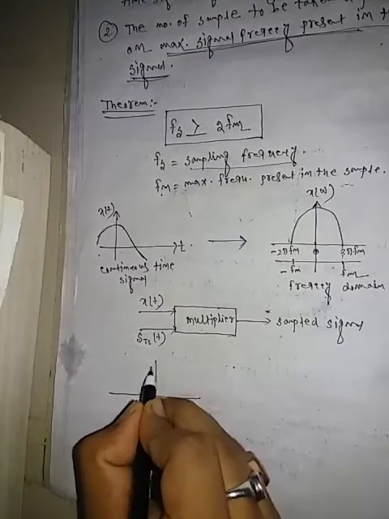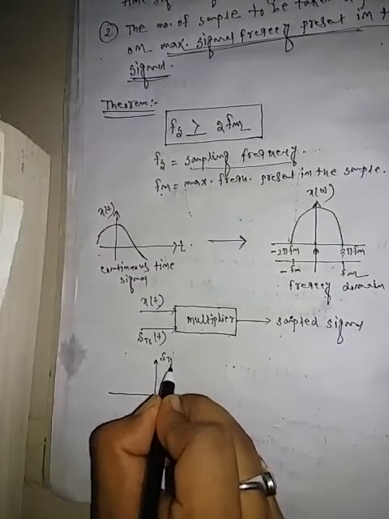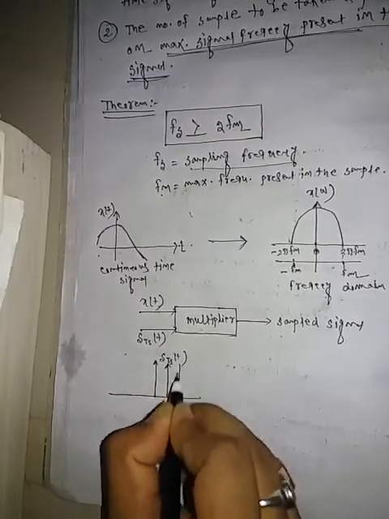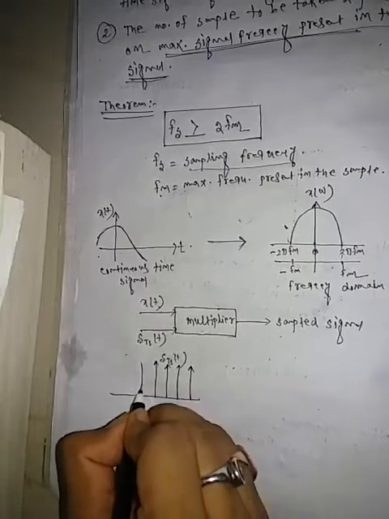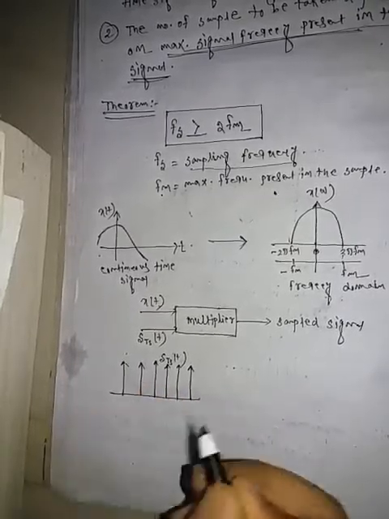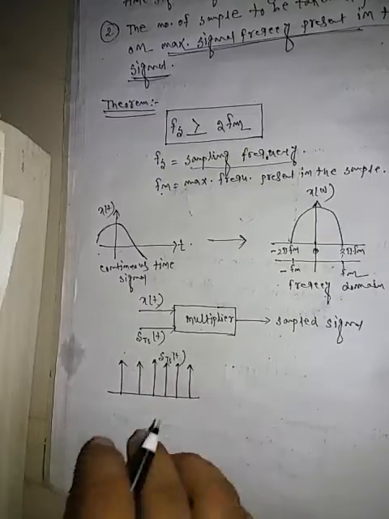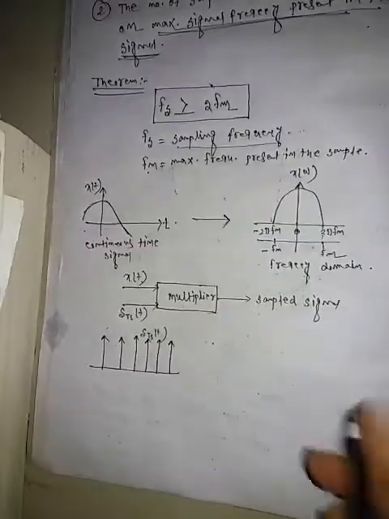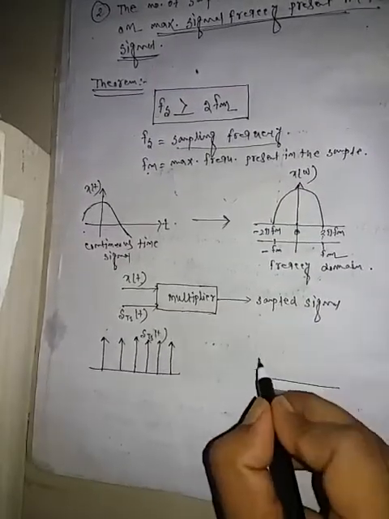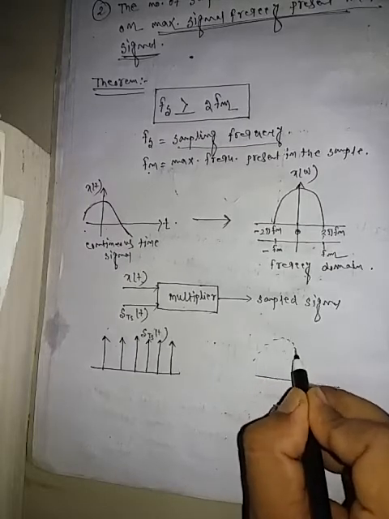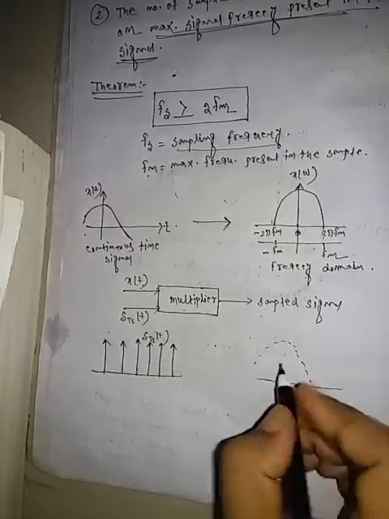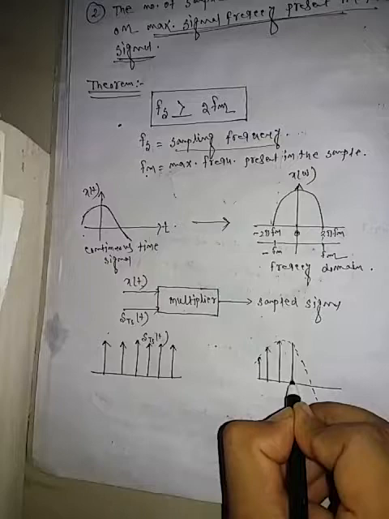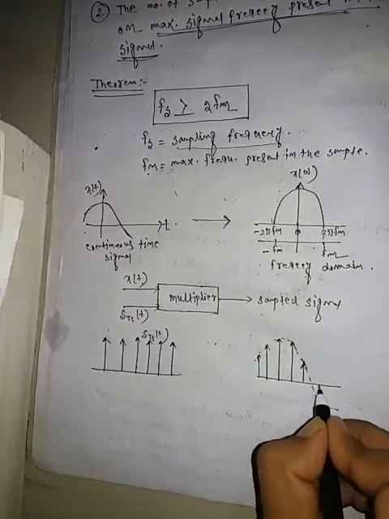This is the impulse time signal, delta Ts(t). If we multiply this signal and the continuous signal, the output is the sampled signal, which is this signal, and this is called a discrete signal.